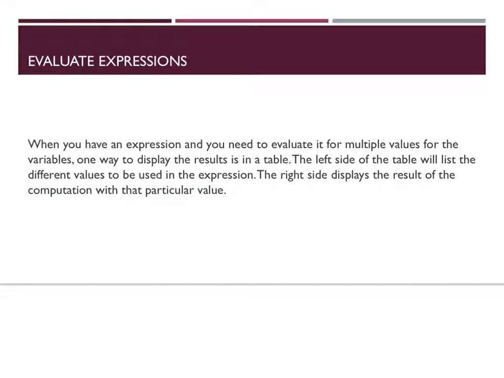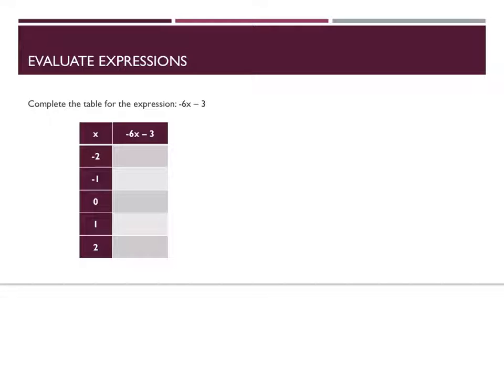Another time we might use an expression is if we have one expression and we want to do it over and over and over again for different values. In this case, it might be easier to express our answers in a table. I have one expression, -6x minus 3, and I want to compute it for all these values in the table.